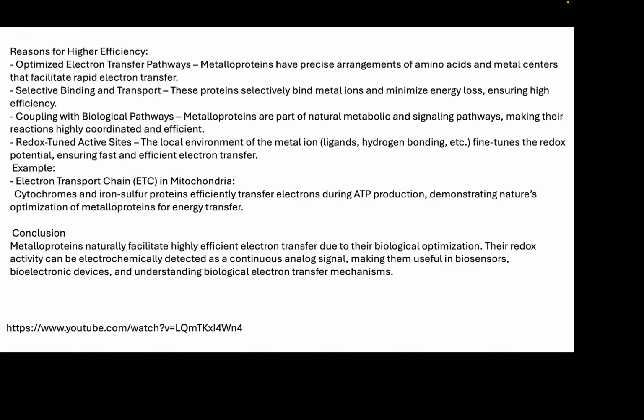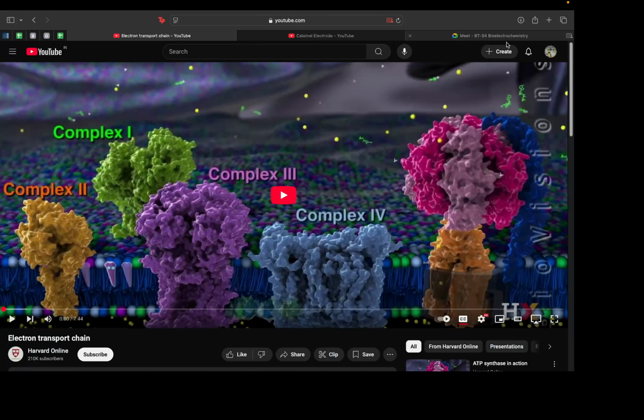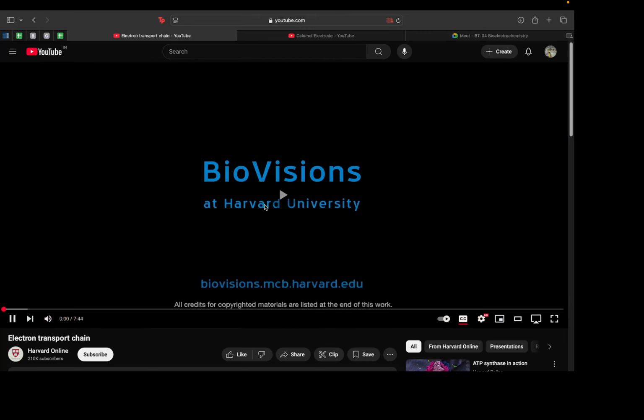Their redox activity can be electrochemically detected as a continuous analog signal, making them useful in biosensors, bioelectronic devices, and understanding biological electron transfer mechanisms. Now we're going to see exactly how electron transport looks and how it functions.